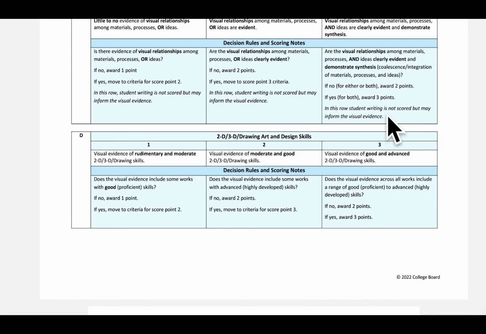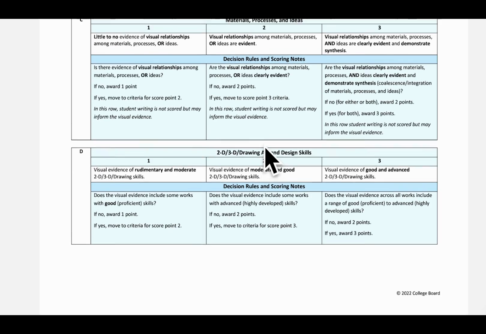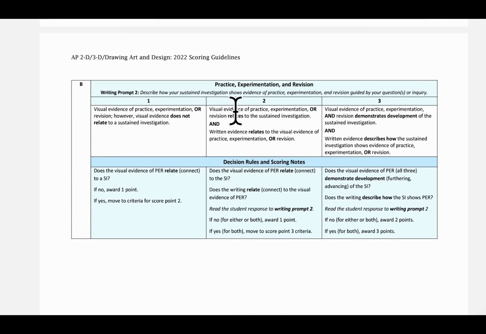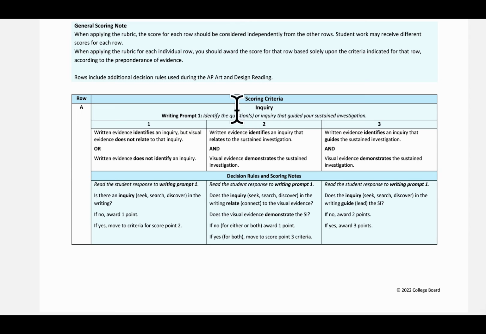So you might be kind of intermediate at art making or design, but you could find you're still getting a really great score because your inquiry and your written evidence do a great job of combining what is your sustained investigation, how is that guiding your work throughout the year, and also your art pieces really demonstrate what your idea is for your sustained investigation.